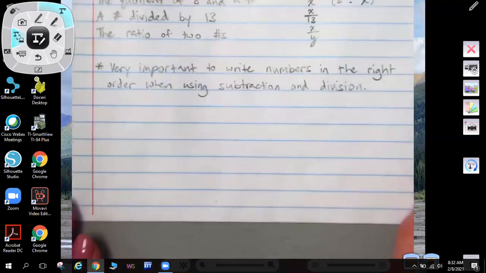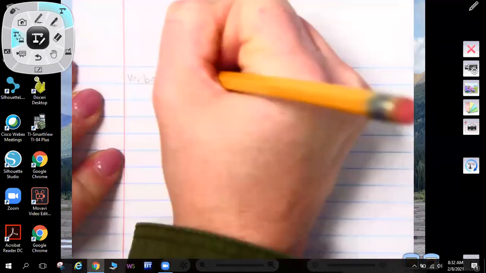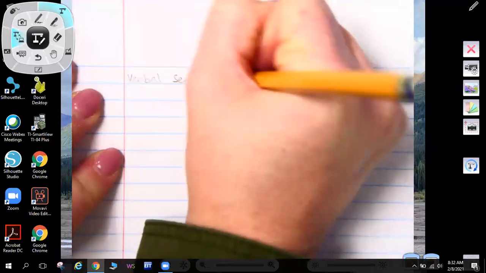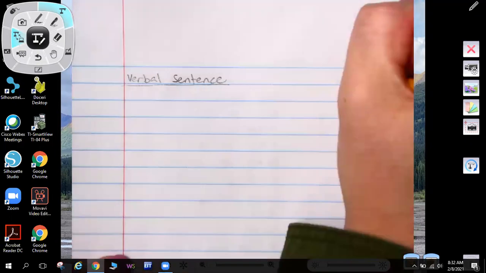So I'm going to go ahead and flip to the other side of my page. So we're going to have a verbal sentence, and we're going to write an equation.